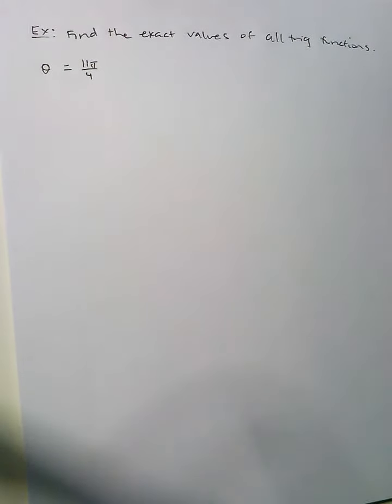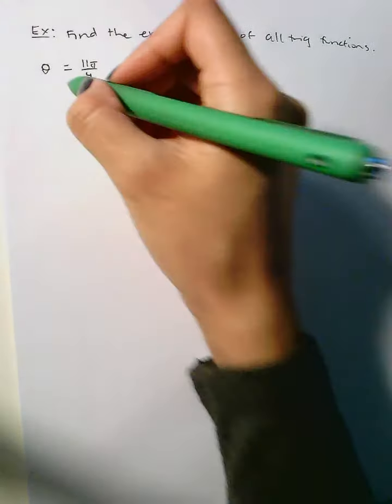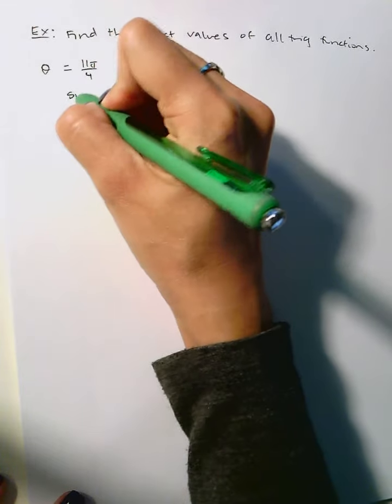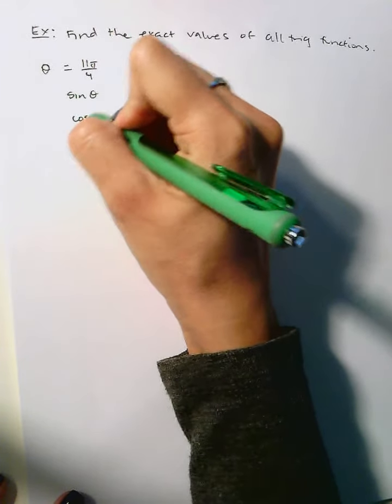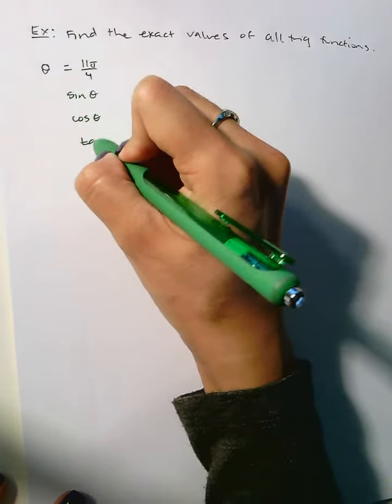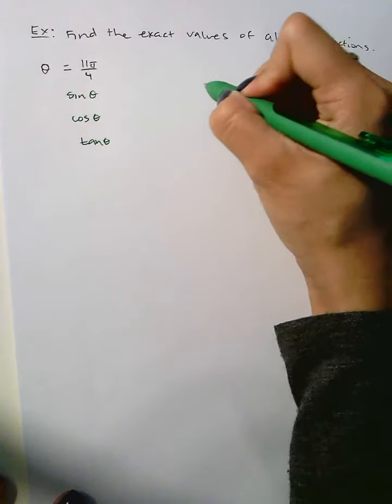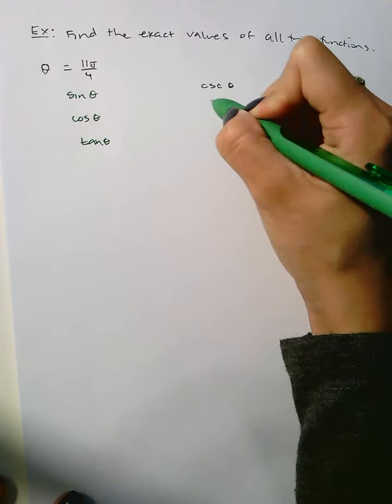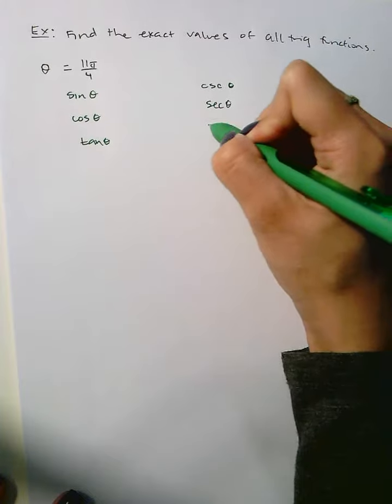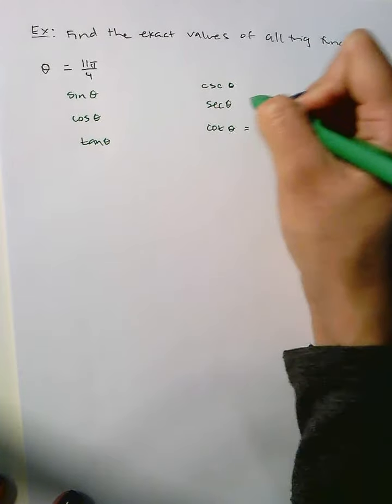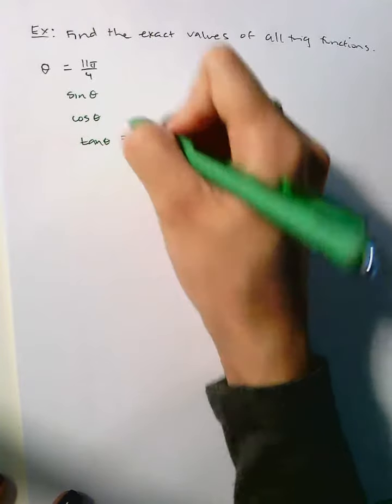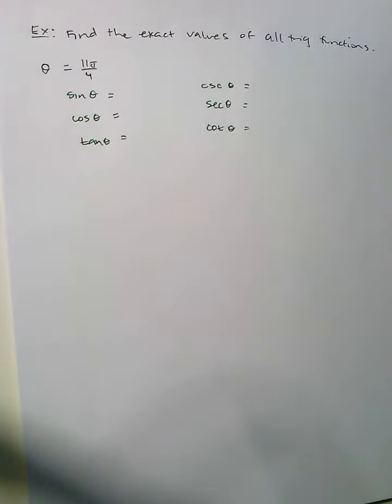So in order to find the exact values of all trig functions, what that means is that we're looking for sine of theta, cosine of theta, tangent of theta, cosecant of theta, secant of theta, and cotangent of theta. So we're going to go and find all of these trig function values.